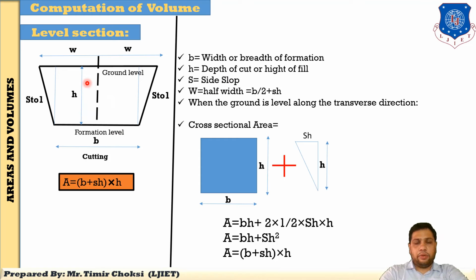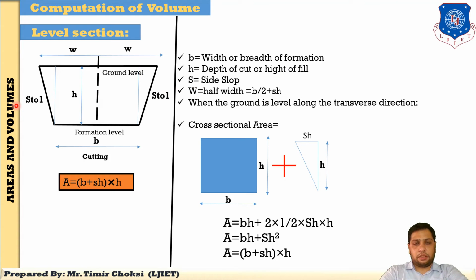H is equal to the depth of cut or height of fill: in a cutting portion you consider it the depth of cutting, and in an embankment it is considered the height of the filling.